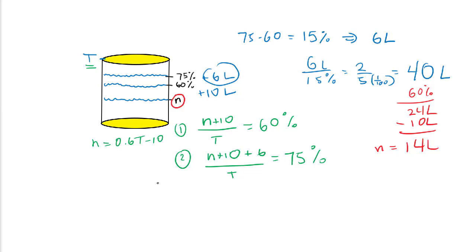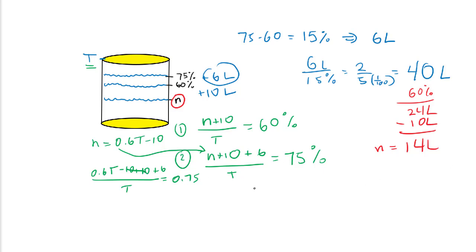Okay? And I'm going to substitute it back into my next equation right here, to which I'll then say 0.6 T minus 10 plus 10 plus 6 divided by T equals 75% or 0.75. The 10s cancel.